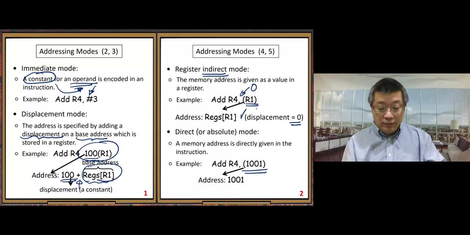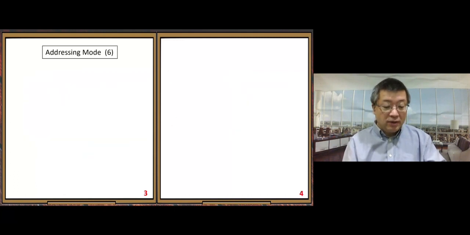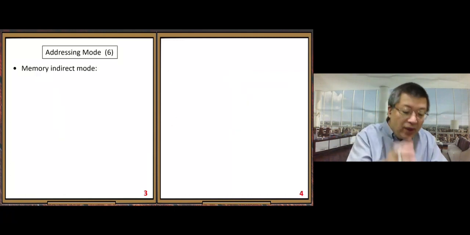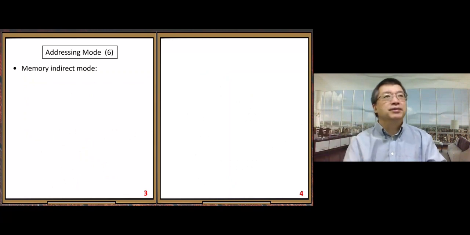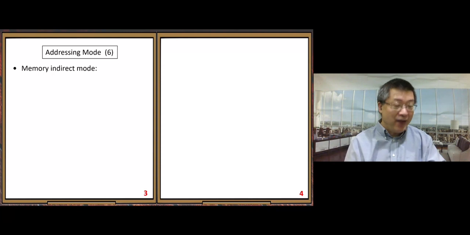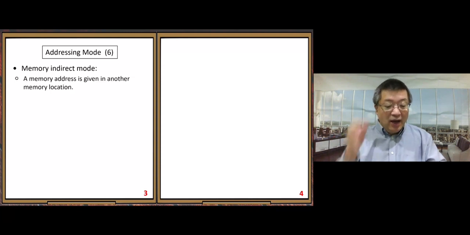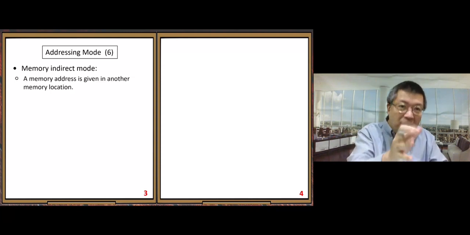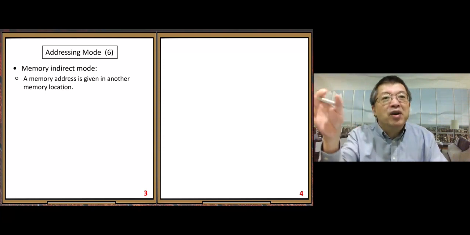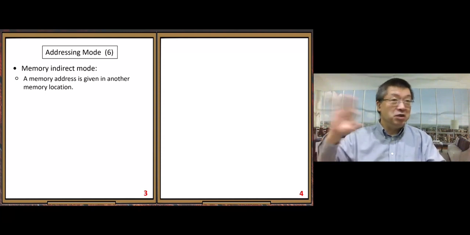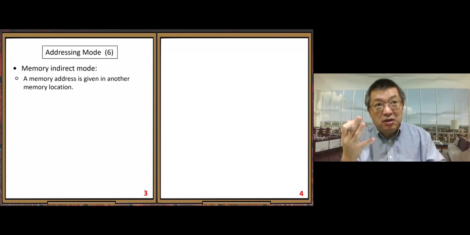The last one, number 6. We call it memory indirect mode. So what's the meaning of that? A memory address is given in another memory location. So, nested reference.